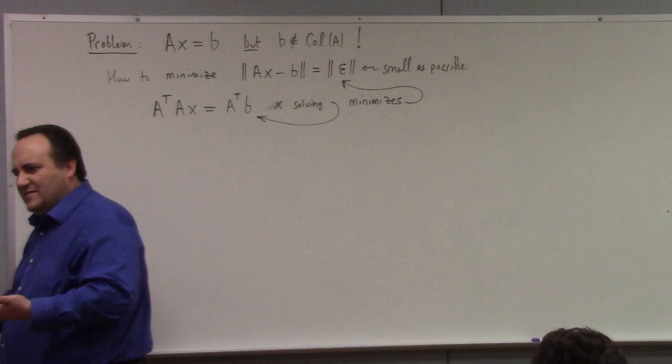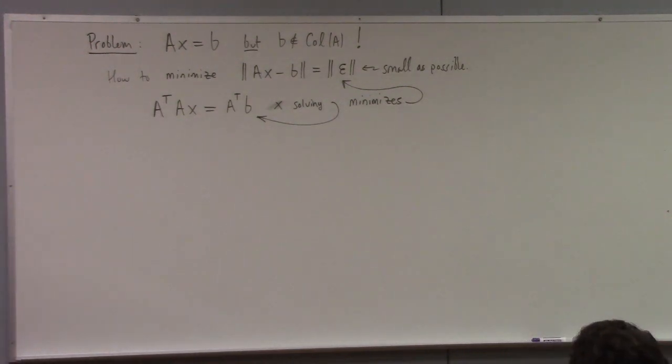So you don't solve the equation. You take the equation you're given, you multiply by the transpose of the coefficient matrix. That gives you the best approximate solution. Isn't that messed up? Like, how could it be that simple?